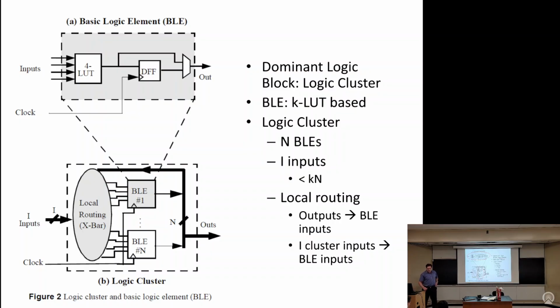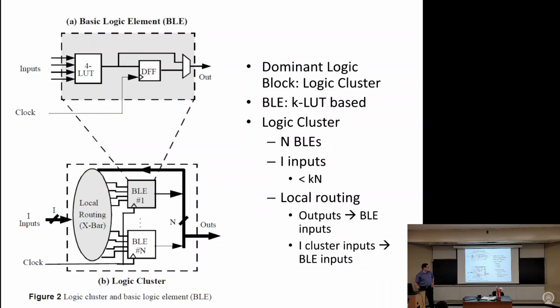Local routing could be a full crossbar that takes the outputs of all of these little logic elements and allows you to feed them back to any inputs you want, and also takes some number of inputs, I, that come in from the main routing, like the island-style segmented routing between logic clusters, and allows those I inputs to be flexibly connected into whatever you need on the BLEs.